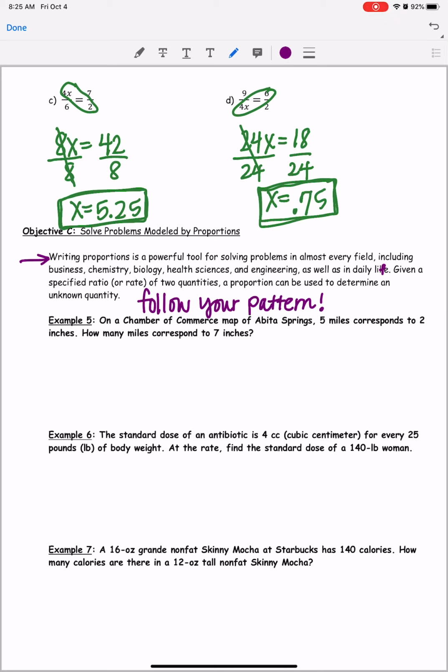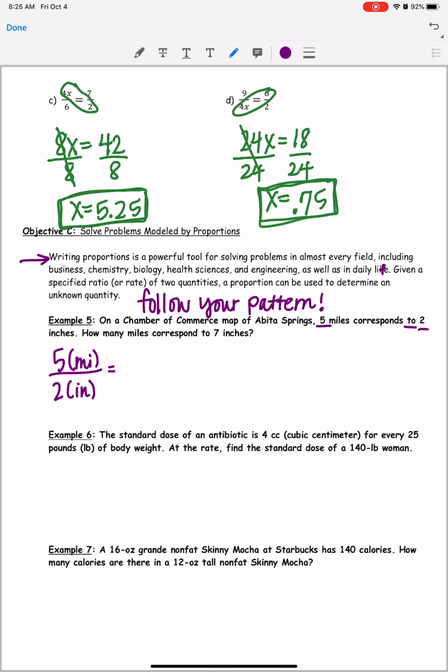So, if I use this 5:2 as my first fractional ratio, 5 miles to 2 inches. And actually with this, I don't need units like I did with dimensional analysis as much. So I'm going to put these in parentheses because I'm not needing them as far as solving the problem.